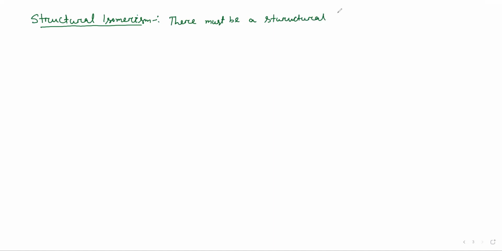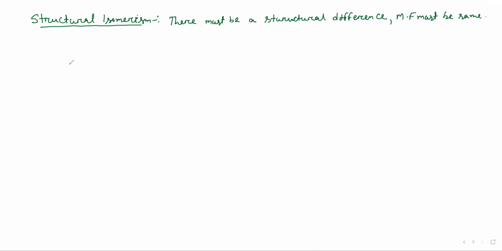See, in structural isomerism, there must be a structural difference, but the molecular formula must be the same. We are not going to waste any more time.